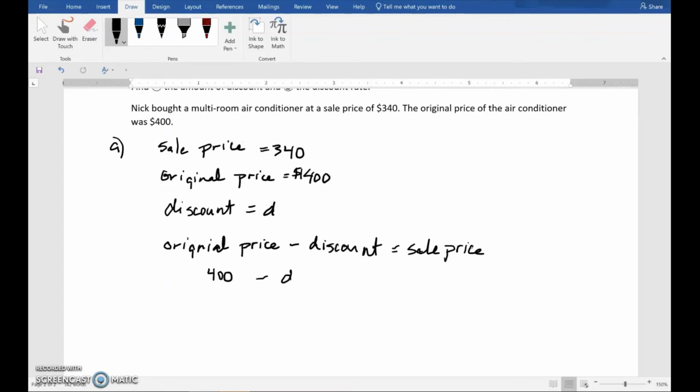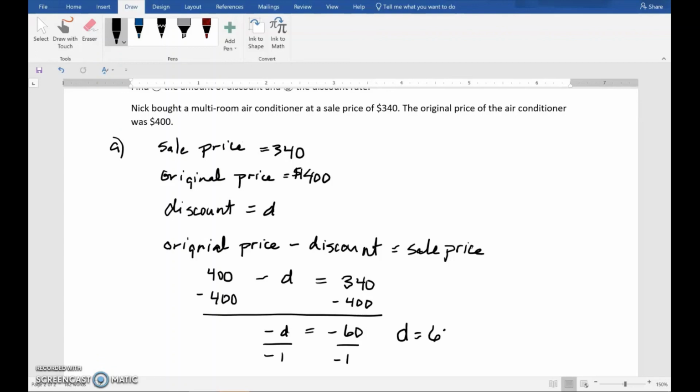We don't know what the discount is. It has to equal the sale price of $340. Now we just need to solve this. So we're going to subtract 400 from both sides. Notice when we subtract 400, we now get a negative D is a negative 60. So D is not quite by itself. So we're going to divide by a negative 1. And that makes our discount $60, which makes sense.